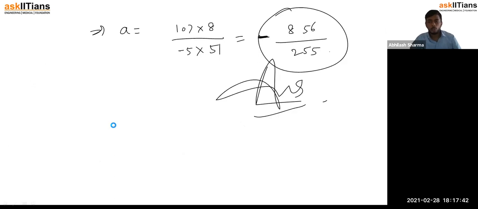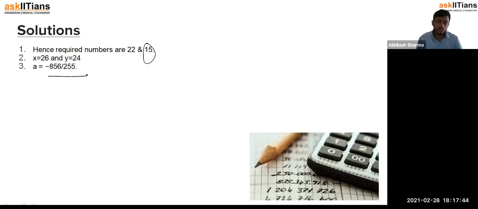I hope you are able to understand all of this, follow these methods, and understand how we can use these techniques of solving linear pair of equations even for seemingly equations that are not linear, by converting or reducing them to linear equations, right?